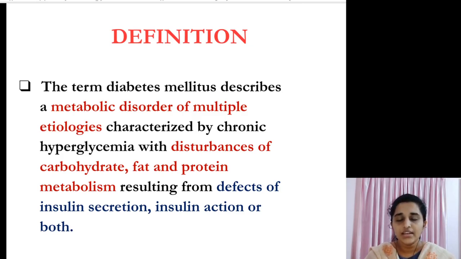So, in this definition, we can see three main aspects. First, it is a metabolic disorder. Second, it is characterized by chronic hyperglycemia, and there is a disturbance of carbohydrate, fat, and protein metabolism, and it may be due to the defects of insulin secretion, insulin action, or both.